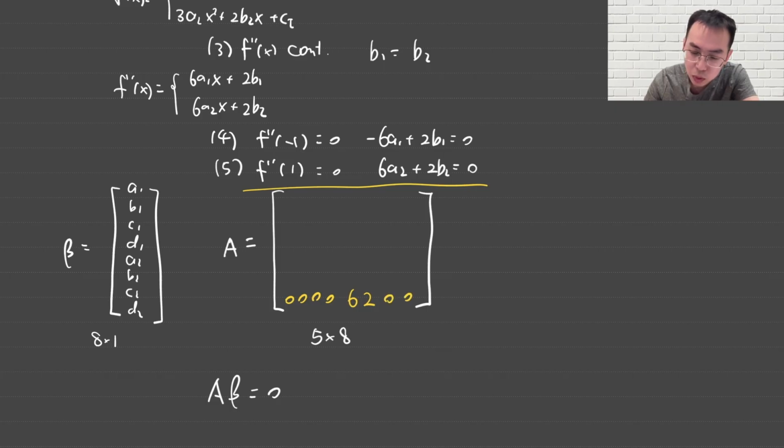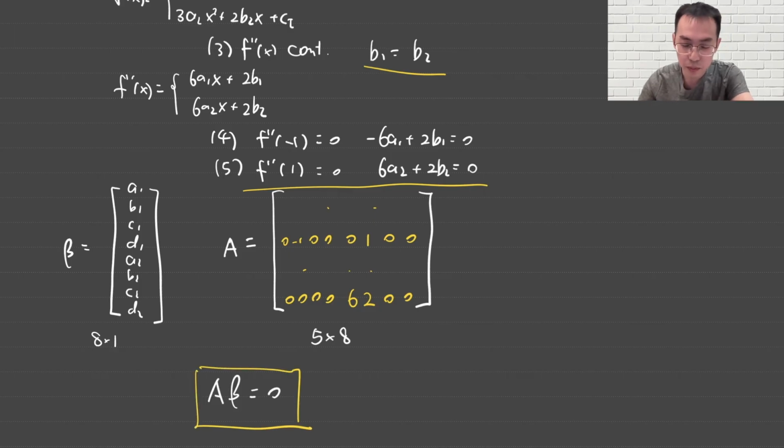For example, this other one is just going to be minus 1, 0, 0, 0, and then 1, 0, 0. You can fill out this matrix here. But the point is that at the end, we have a linear constraint A beta equals 0. So that's the constraint for this problem.